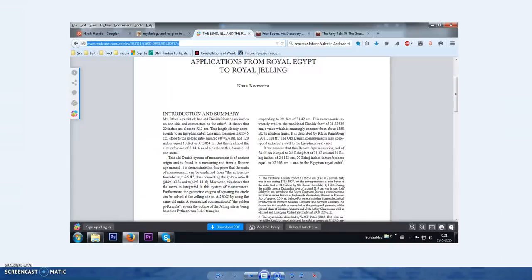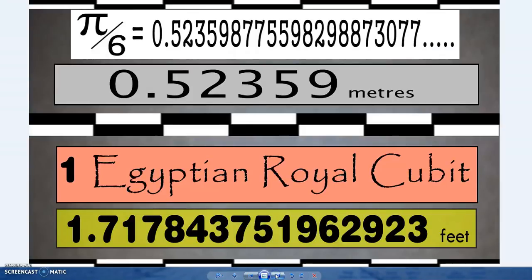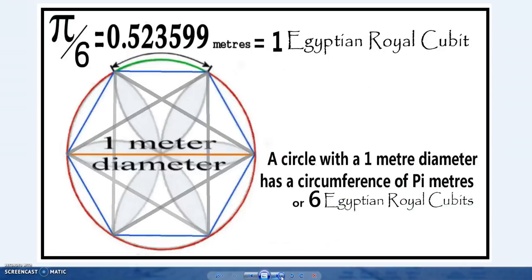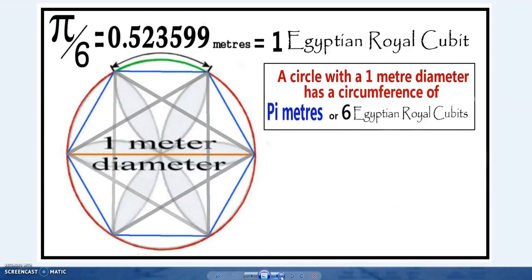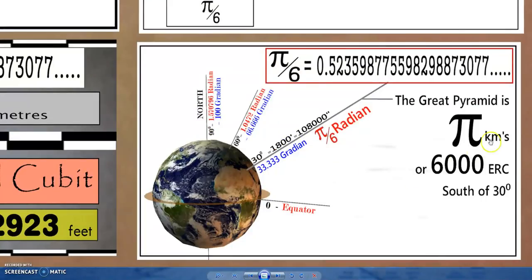So 0.5236, pi over 6 meters, the Egyptian Royal Cubit. The second pendulum, 30 degrees, all comes together so nicely. It all blends into one another, and it's just bloody brilliant.